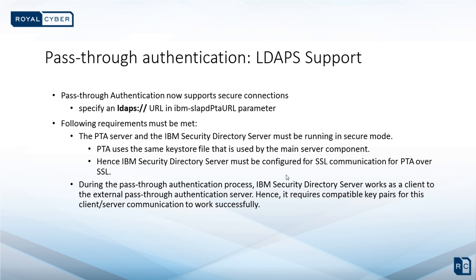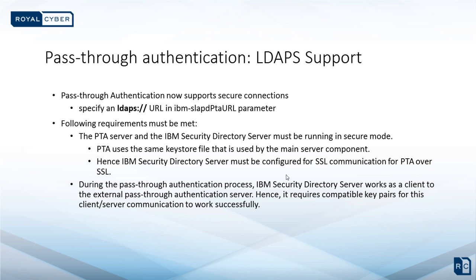However, the user entries are not required to be identical on the authentication server and the pass-through authentication server, so the directory hierarchy layout might be different on both servers. A user entry, for example cn equals Tom Brown and O sample on server X, can be mapped to some other DN on server Y.